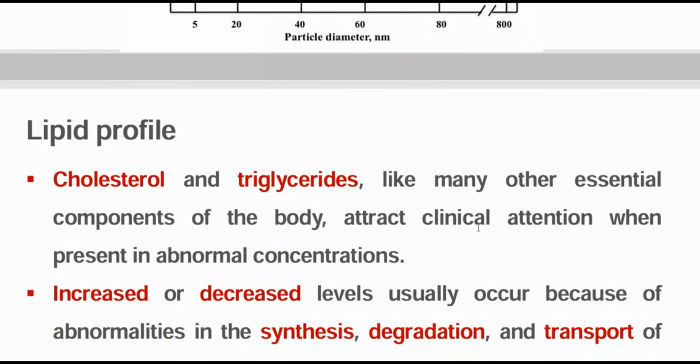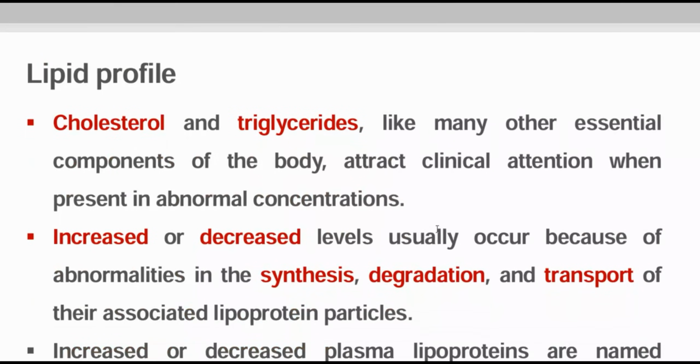Whenever you see an abnormal concentration of the lipids, like cholesterol and triglycerides, it can lead to problems like cardiac problems, atherosclerosis, etc. Increases and decreases usually occur due to abnormalities of synthesis, degradation, and transport of substances like the lipoprotein particles.